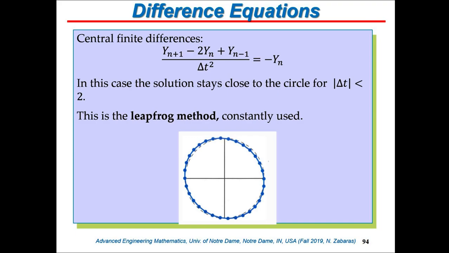And the message that you got from the last few slides is that you need to be very careful when you use finite differences, because depending on your approximation, some solutions stay close to the exact solution, some diverge to infinity, and some collapse to the origin.